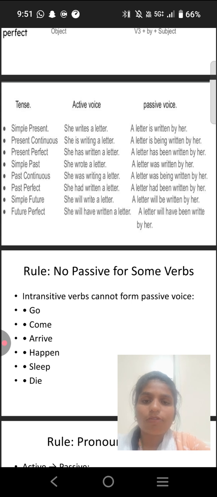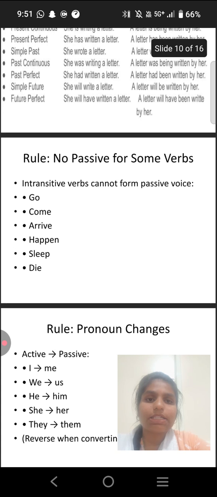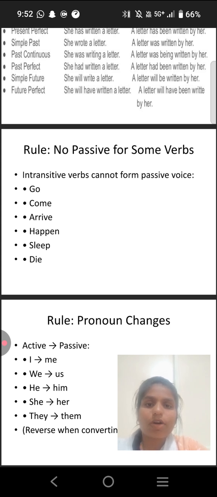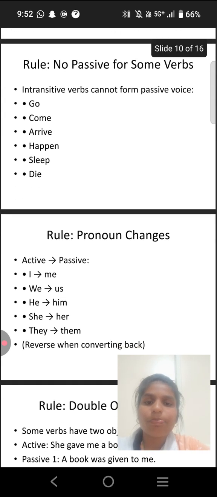In future perfect, in active voice, she will have written a letter. In passive voice, a letter will have been written by her. We have another rule: no passive for some verbs. Intransitive verbs cannot form passive voice: go, come, happen, sleep, die.